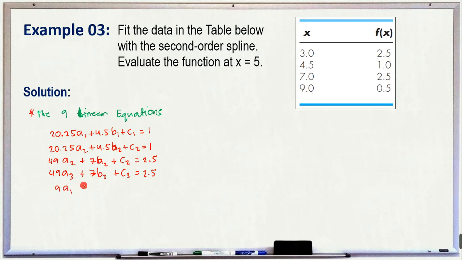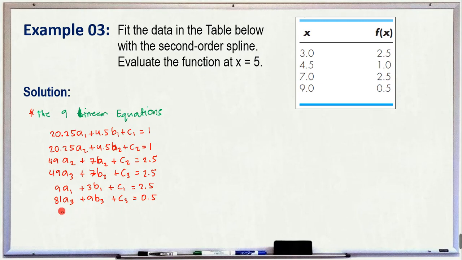Nine A sub 1 plus 3B sub 1 plus C sub 1 equals 2.5. Next, 9B3 plus C3 equals 0.5.